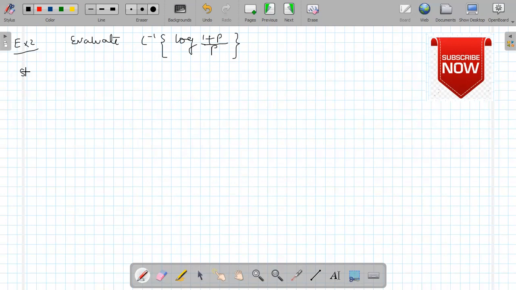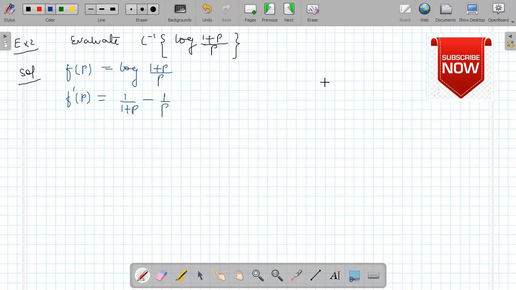So here again we write the value of function of p, which is log of (1 plus p) over p. So its derivative will be 1 upon 1 plus p minus 1 upon p.